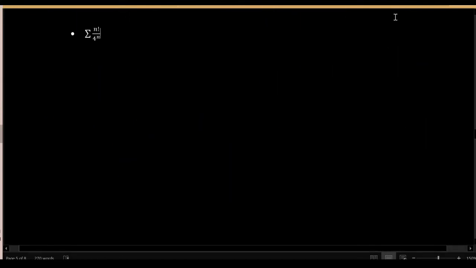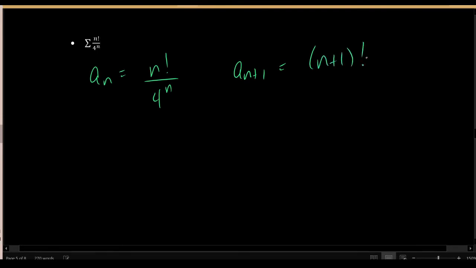Let's also see what happens when we apply the ratio test to the following series, where this time we have n factorial in the numerator and we have 4 to the n in the denominator. So a sub n is equal to n factorial over 4 to the nth power. And a sub n plus 1, which I get by adding 1 to all the n's in this formula, is n plus 1 factorial over 4 to the n plus 1.